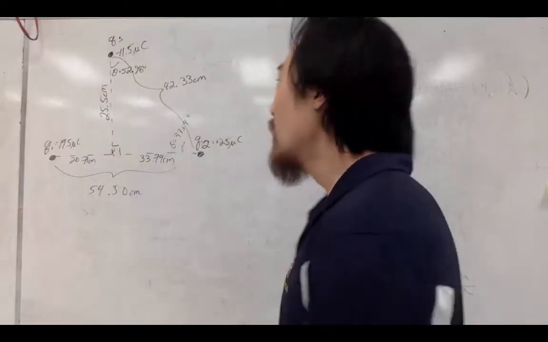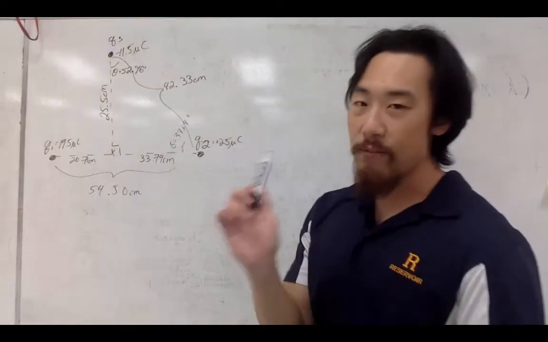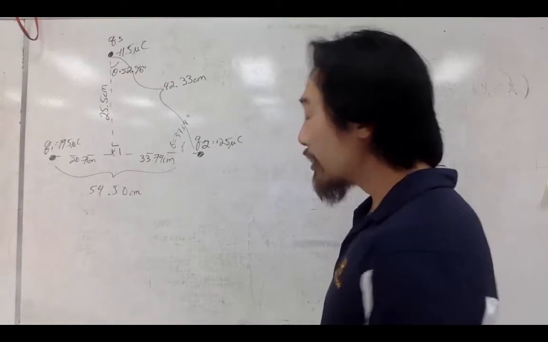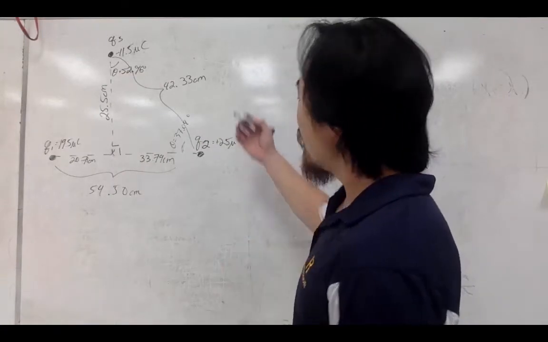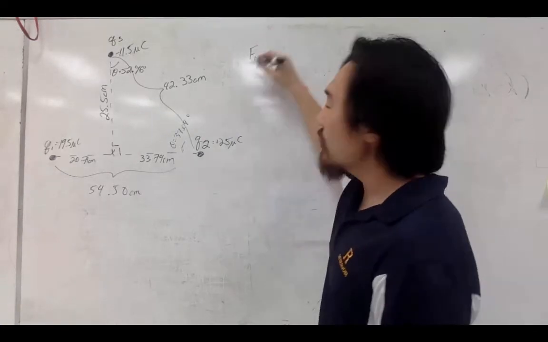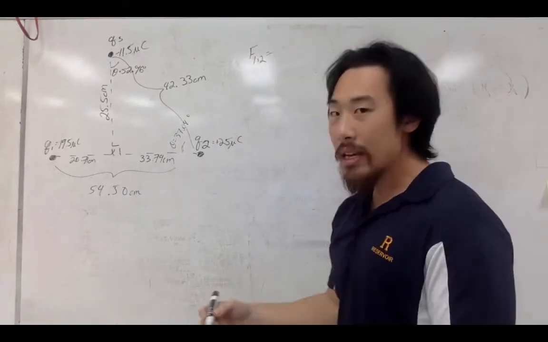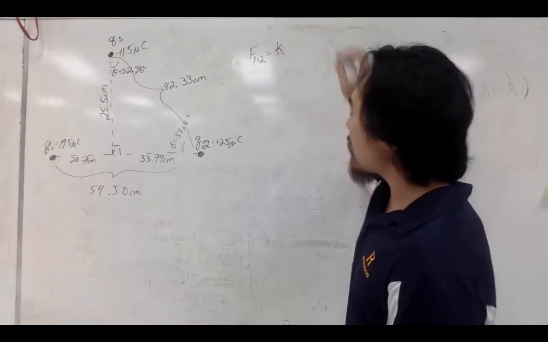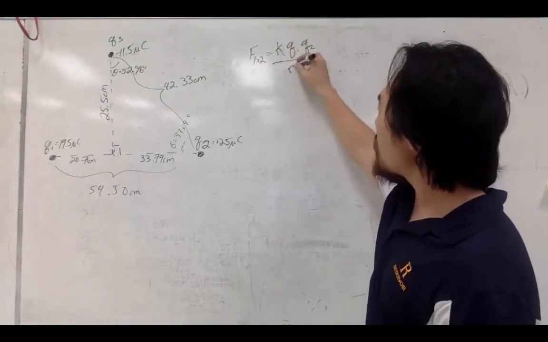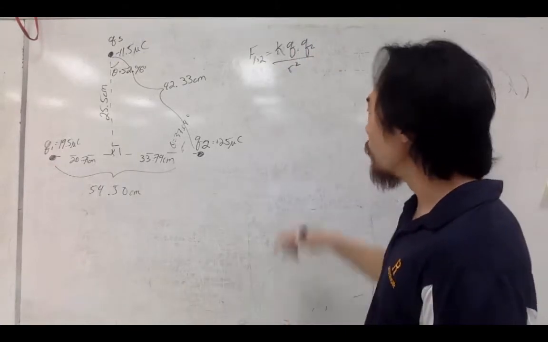I think we're ready. So what the problem is looking for is the net force that these two charges have on charge 2. So let's go solve it. Let's use Coulomb's law. The force that charge 1 has on charge 2 is equal to Coulomb's constant, aka K, times charge 1 on charge 2, divided by the separation distance between those two.